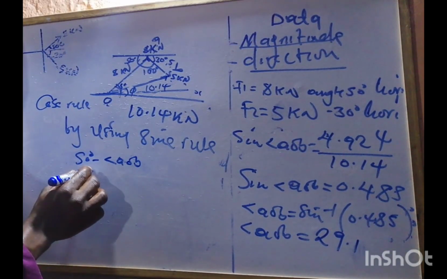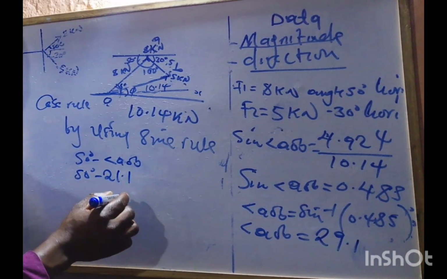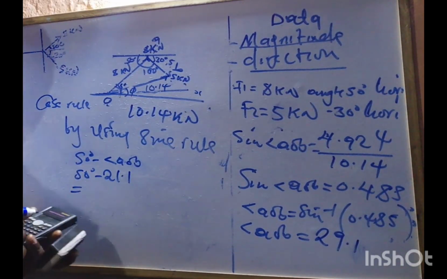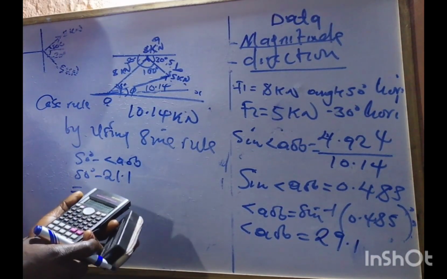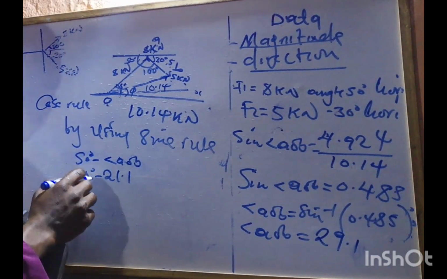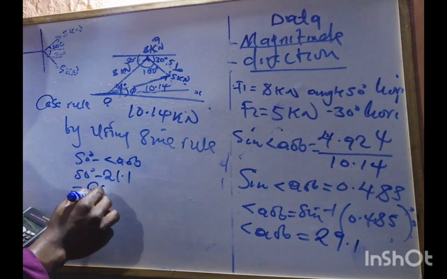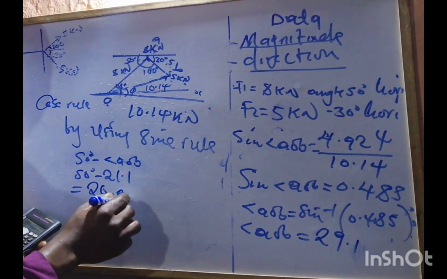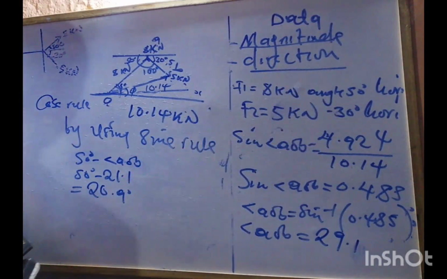So 50 degrees minus 29.1, you are going to have 20.9 degrees as an angle. So this is the direction which we're asking for.